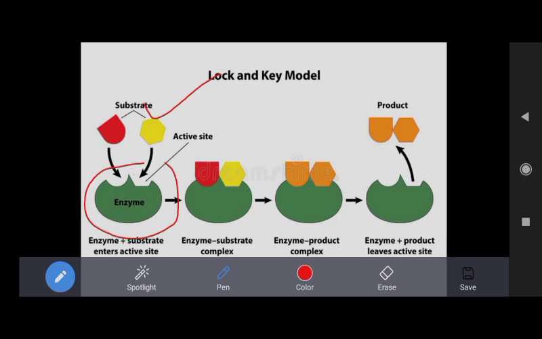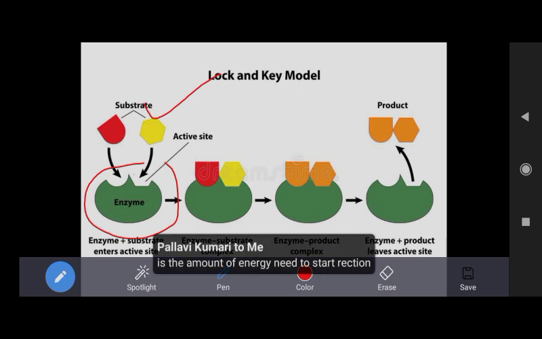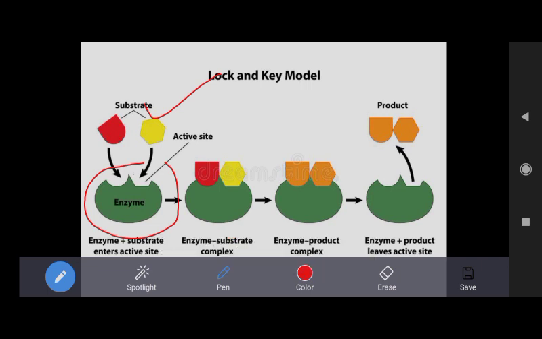Enzyme substrate complex is formed, then enzyme product complex is formed, and at the final stage, the enzyme gets separated from the enzyme product complex. The product gets separated, the enzyme gets separated, the active site remains as it is, the enzyme remains unchanged, and ultimately the product is also formed. Am I clear now?